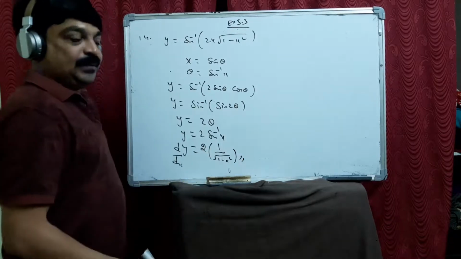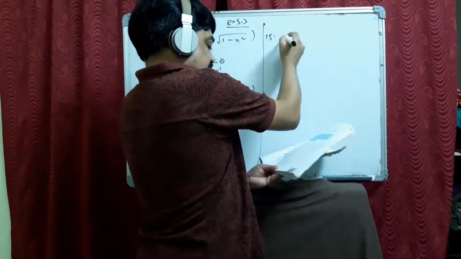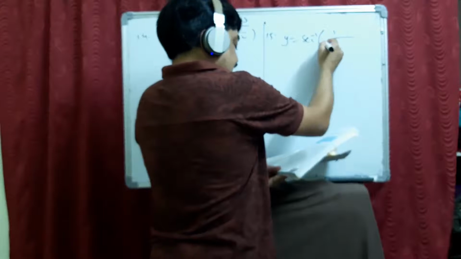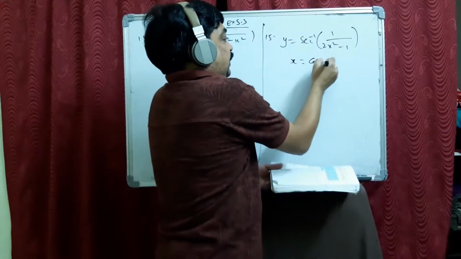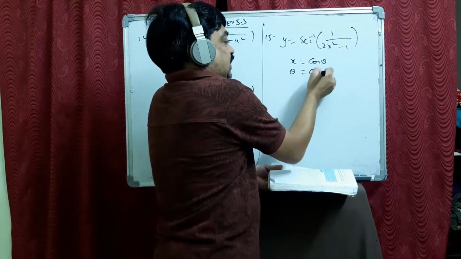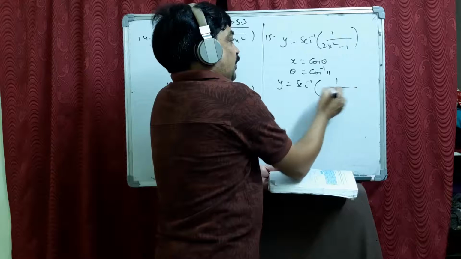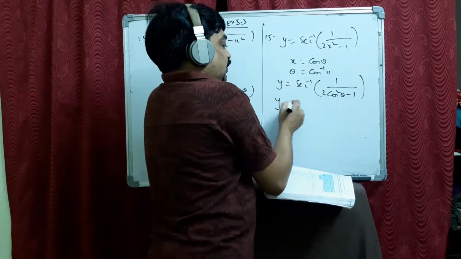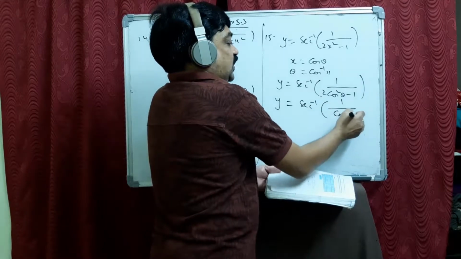In the same way, 15th question, if I see, it is secant inverse. Something should be there in terms of secant inside. It looks like when I take x as cos theta and theta is cos inverse x, the problem becomes secant inverse of 1 by 2 cos square theta minus 1. So it becomes secant inverse of 1 by cos 2 theta.